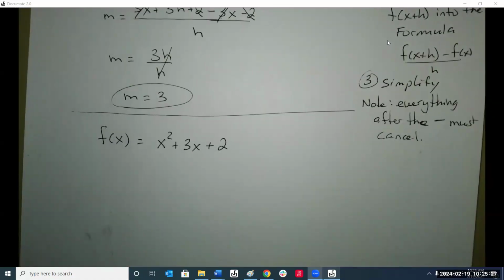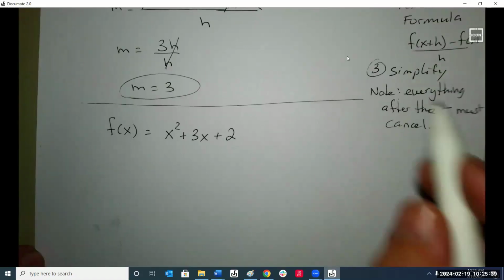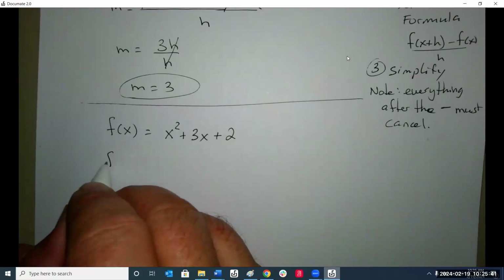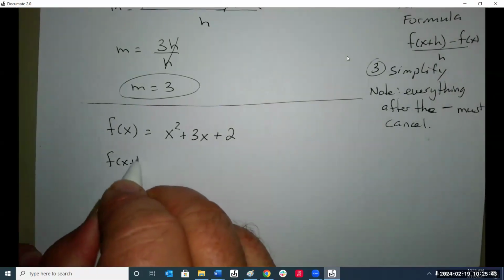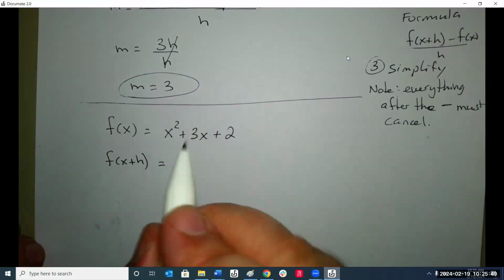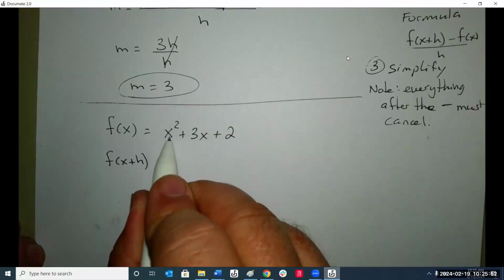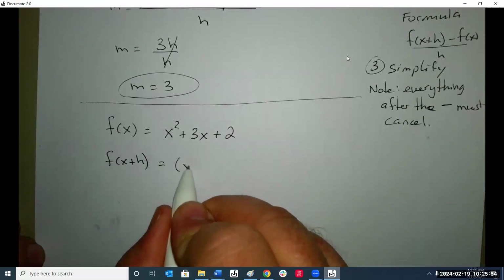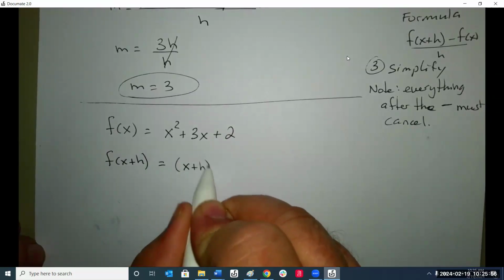Okay, so let's look at this equation. Same procedures. We first have to find f of x plus h. So anywhere I see an x, I put x plus h in parentheses.